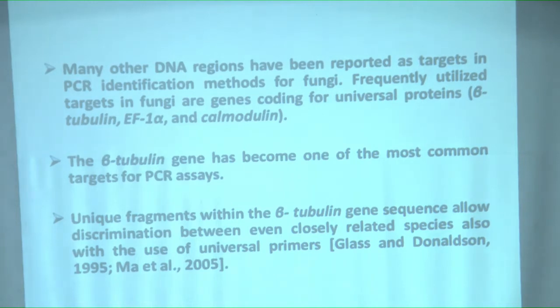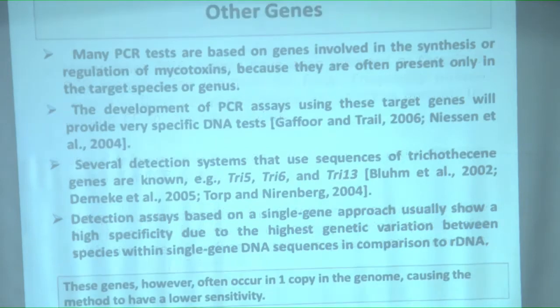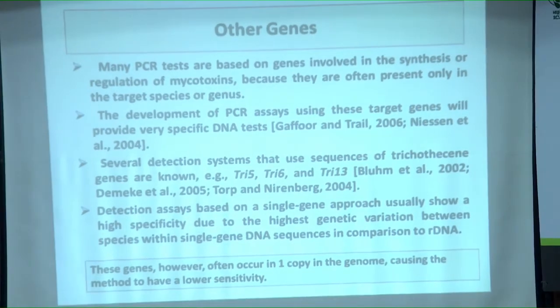The beta tubulin gene is highly used for the development of markers, and further you can take other specific genes. I have given you the example of Fusarium fusiculae, where you can take NRPS31. Like that we have specific genes for particular genera and particular species, and you can take those for the development of markers.